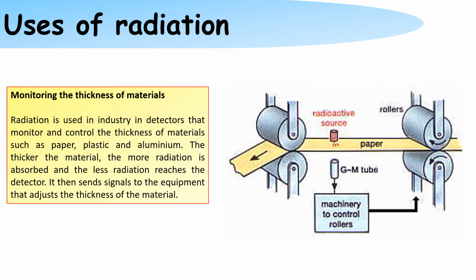It then sends signals to the equipment that adjusts the rollers, which can change the thickness of the paper. The type of radiation needed for this use has to be beta, as alpha radiation would be completely stopped by everything, and gamma radiation wouldn't be affected by the thickness of the material that you're trying to change.